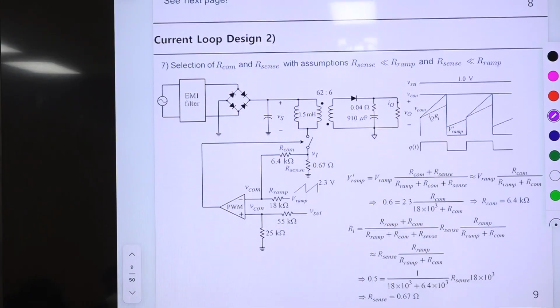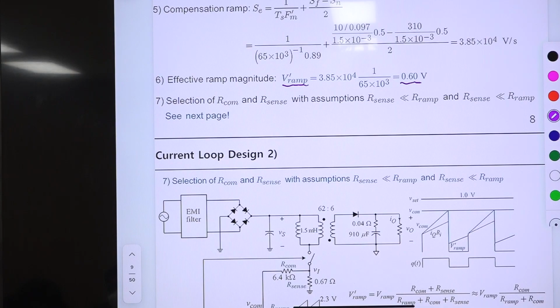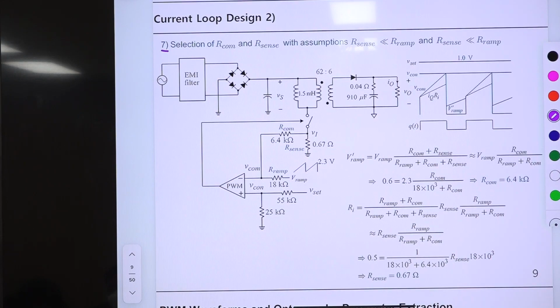So next is this one. I repeat this step number 7 here: selection of Rcom and Rsense. I don't know what Rcom is, R compensation or something. Rsense is a sensing resistor. Assuming this is obvious.